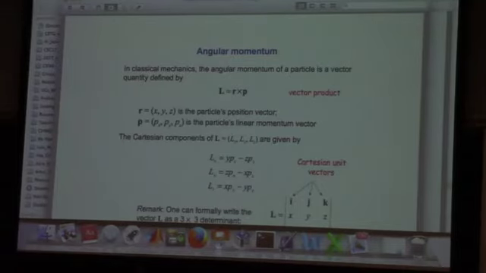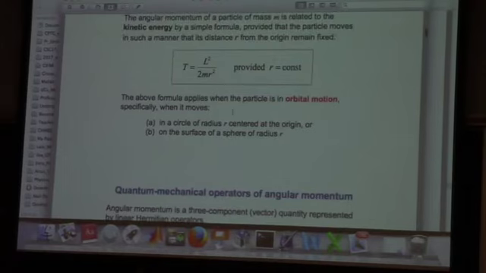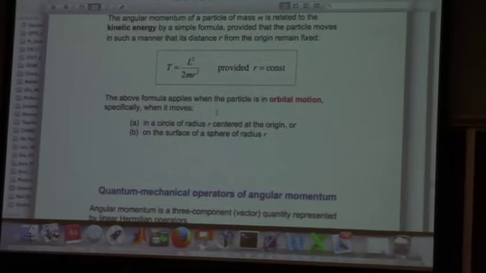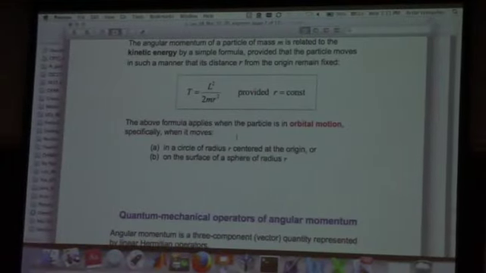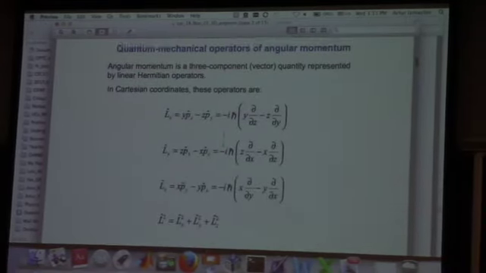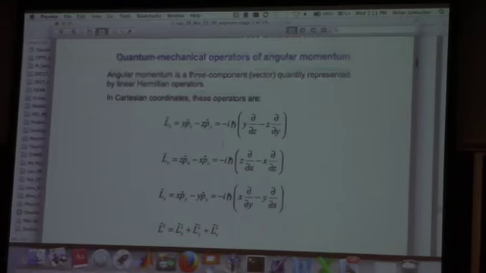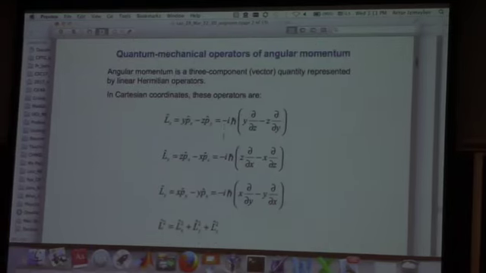Operator of angular momentum, because kinetic energy for a particle on a ring will be written as the square of angular momentum divided by 2 times mass and the radius squared, right? And this angular momentum operator, the definition is pretty much you take the classical one, right?